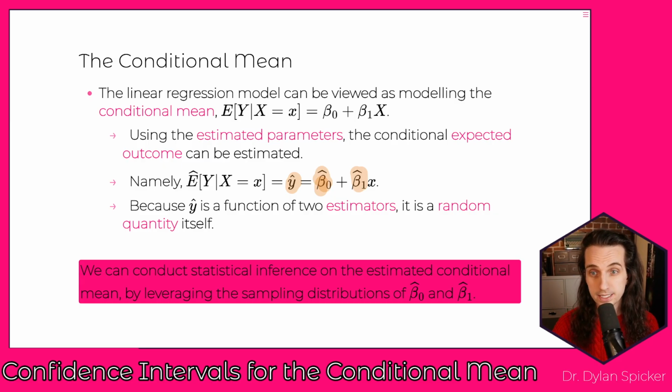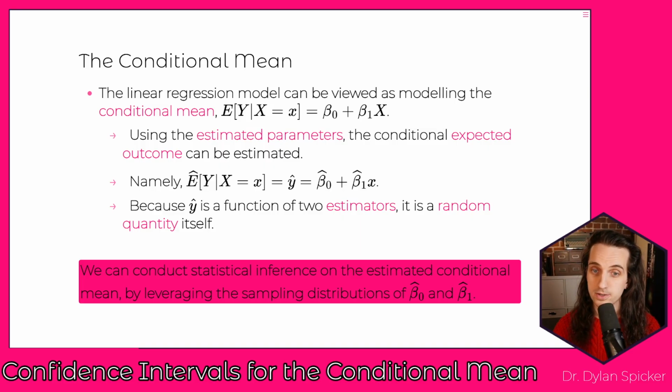And as a result, we can conduct statistical inference on the estimated conditional mean by leveraging the sampling distributions of beta hat 0 and beta hat 1. So if we view our estimate as trying to estimate this conditional mean, then we can form confidence intervals around that conditional mean estimate using the sampling distributions of our estimators.